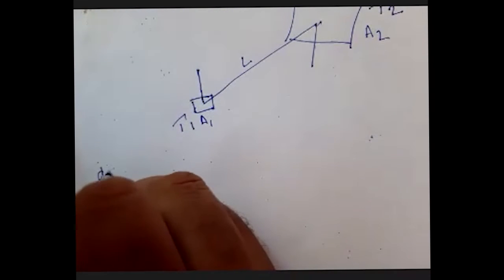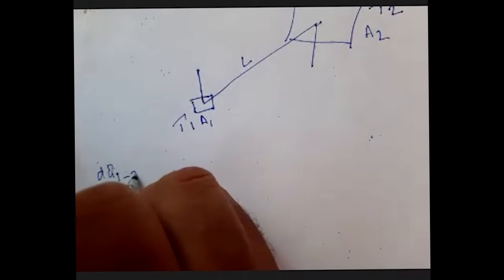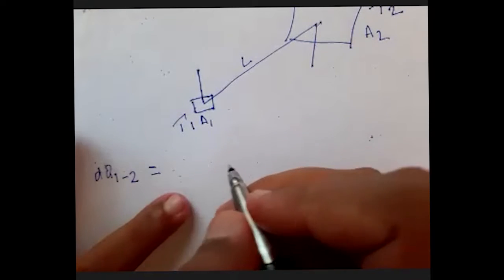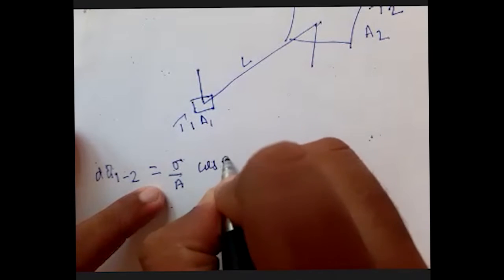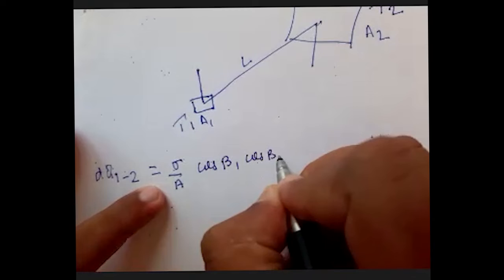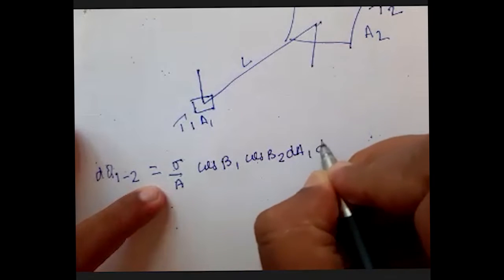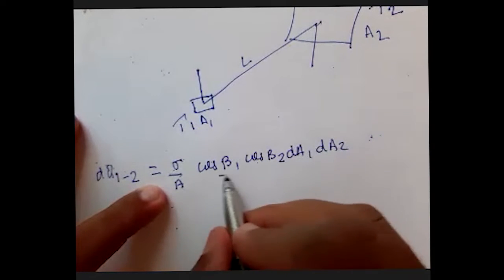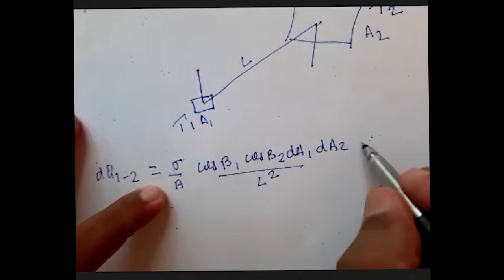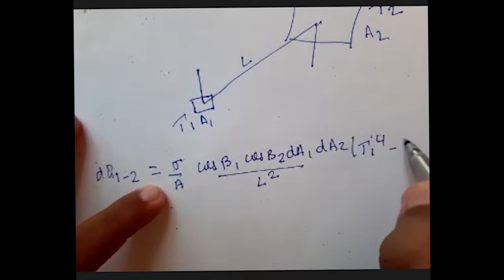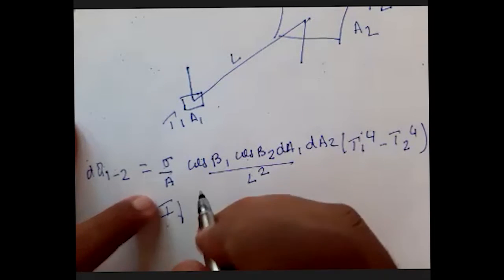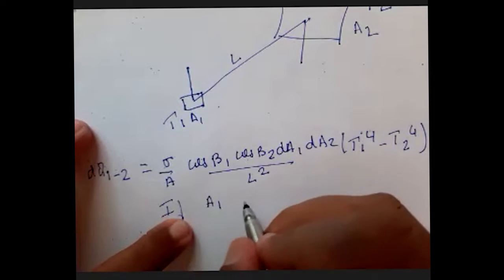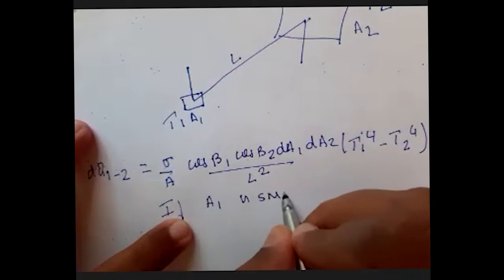I know the main equation, the heat exchange between two small elemental areas. It is sigma by pi into cos beta 1 cos beta 2 into dA1 dA2 divided by L square into T1 raised to 4 minus T2 raised to 4. In this case, A1 is small.